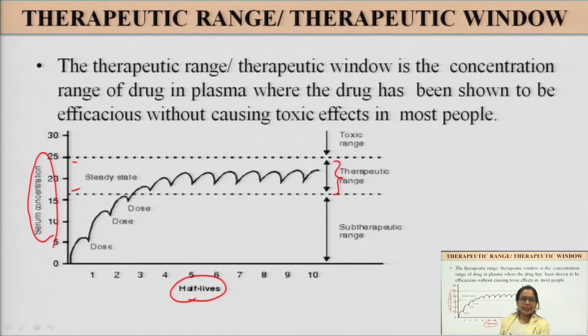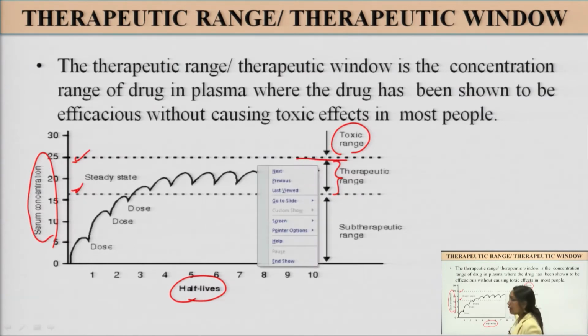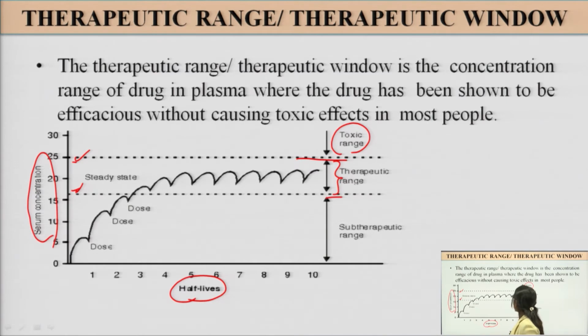It is the concentration range of the drug in plasma where the drug has been shown to be efficacious without causing toxic effects in most people. This is the toxic range. From here the toxic range starts, and from here the therapeutic effect starts.